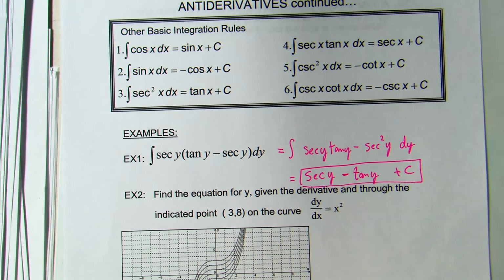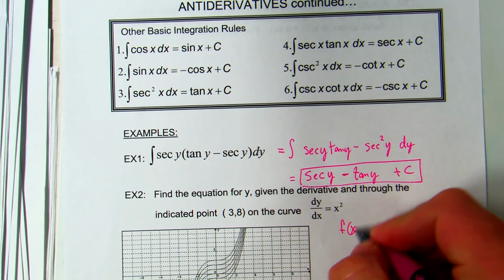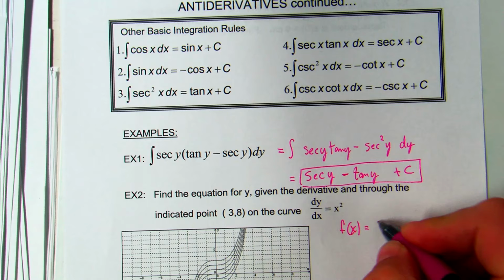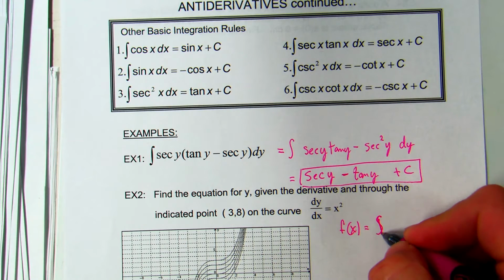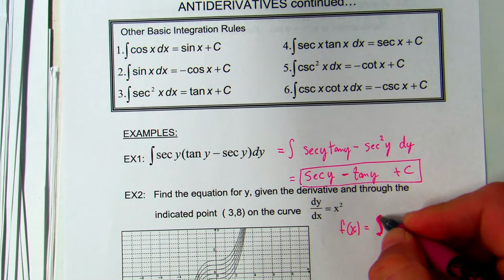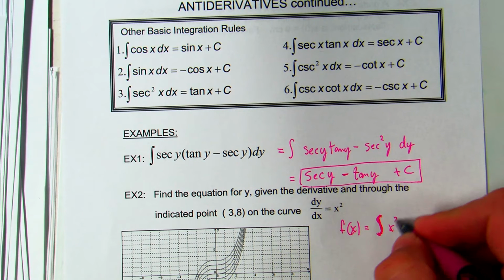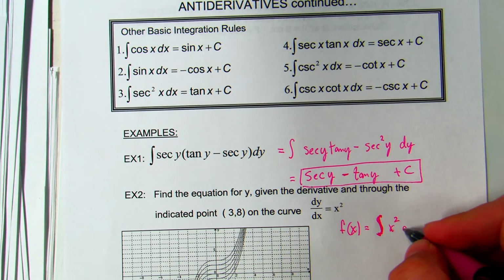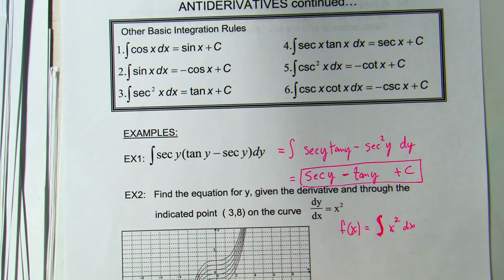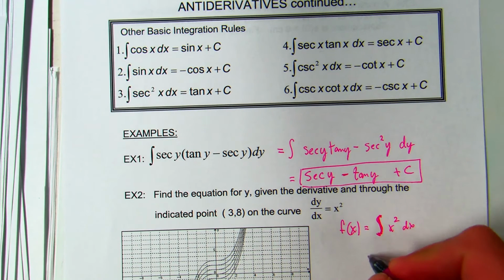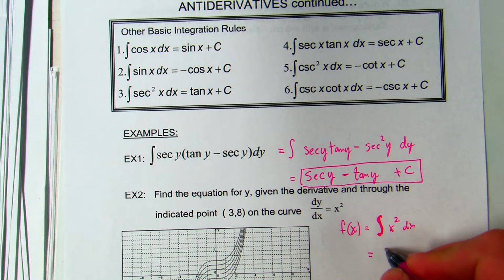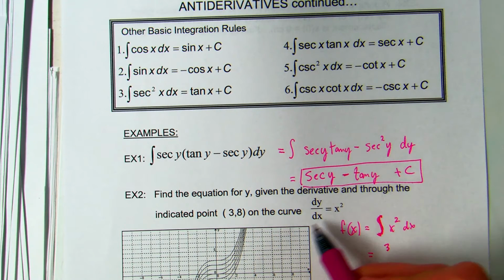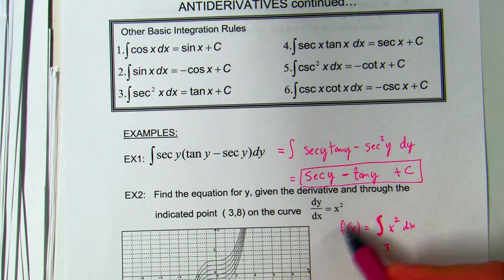So f of x is going to be the antiderivative of x squared with respect to x. We know this by rule, so we can go ahead and just take the antiderivative, or the integral, at this point. This is the derivative of y, or f of x, with respect to x.